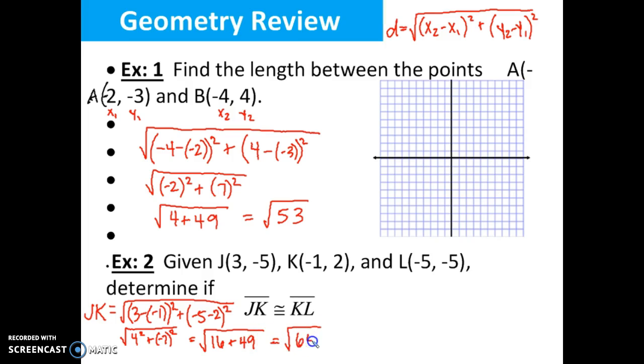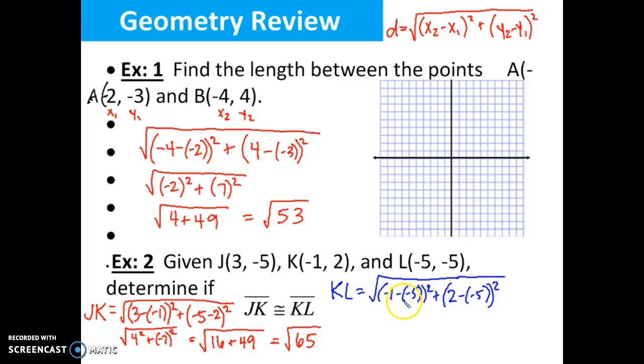Because I'm just looking to see if they're congruent, I'm not going to worry about simplifying that, because all I need to see is if it's square root of 65 and square root of 65. Alright, so I'm going to do the same thing, but now I'm going to do it for KL. Alright, so I'm going to start with -1 minus -5 squared, and then I have to start with 2 minus -5 squared.